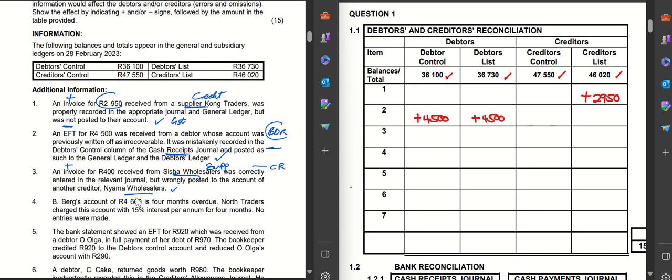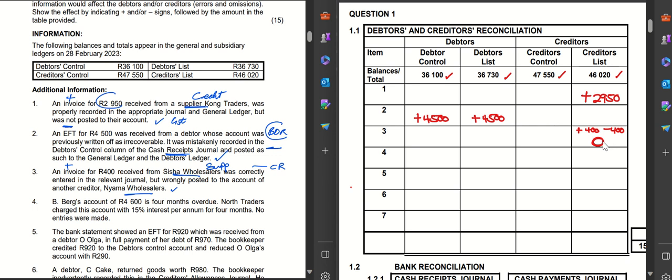Our list amount would still be the same. It won't affect the creditors control account because this is dealing with individual accounts between Sisha and Nyama. So what would happen here is we would come to the list and we can either say plus 400, minus 400, the difference is the same, or you could have simply recorded 0.